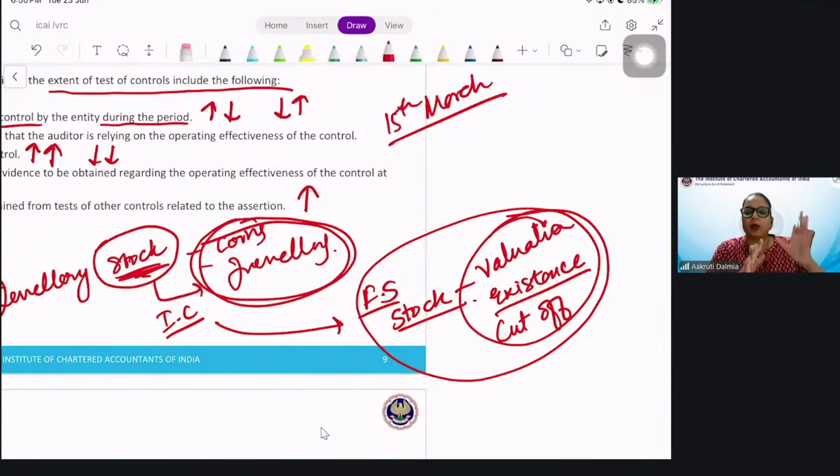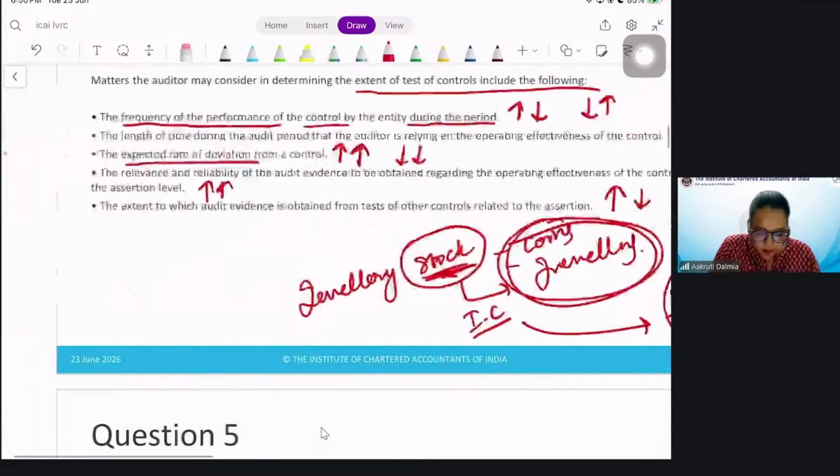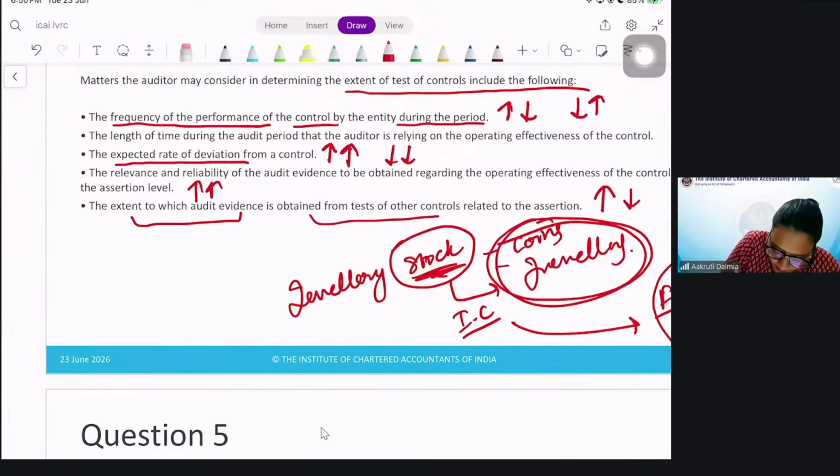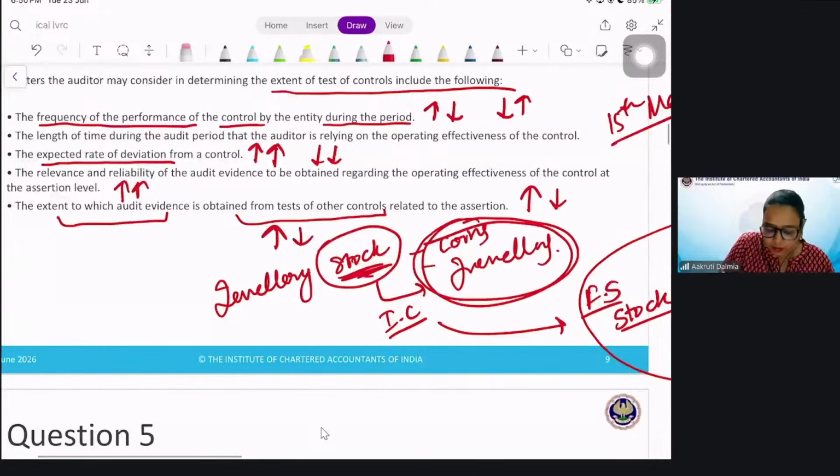Yes, because I have already gotten evidence from the other procedures performed, so I can reduce. If the extent of audit evidence you have obtained from other controls is already very high, then you can reduce the verification of other related controls.